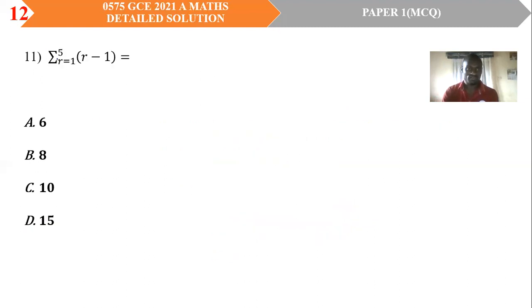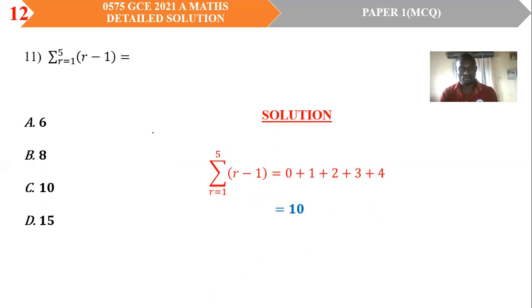The summation from r equals 1 to 5 of r minus 1 is equal to? Now, this sum means we need to substitute r equal 1, r equal 2, r equal 3, r equal 4 to r equals 5. If we substitute r equal 1, we have 1 minus 1, which gives us 0. r equal 2, we have 2 minus 1, which gives us 1. r equals 3, we have 3 minus 1, which gives us 2.